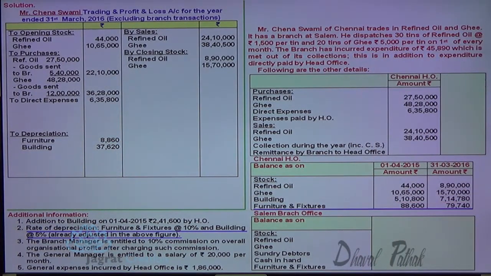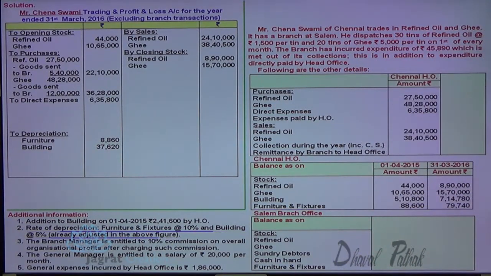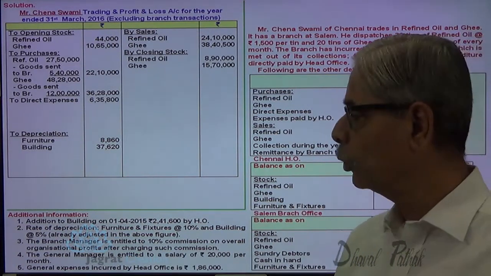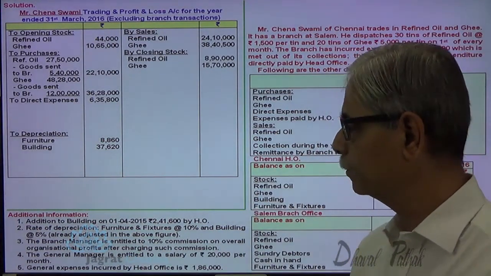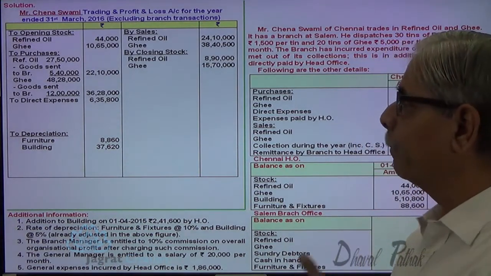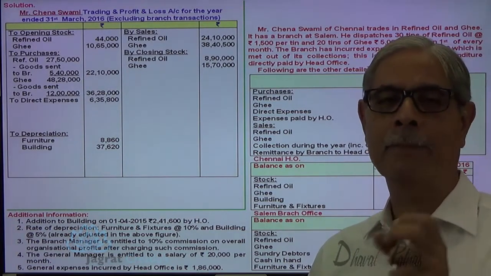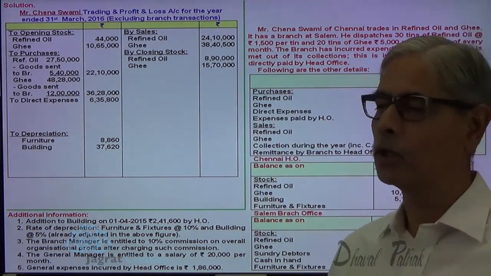Now, this is done. Opening and closing stock is done. Now, the branch manager is entitled to a commission, that I'm going to consider afterwards. General manager is entitled to a salary of 20,000. But I'm supposed to credit the profit of branch to this profit and loss account.